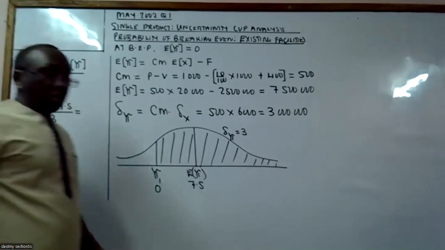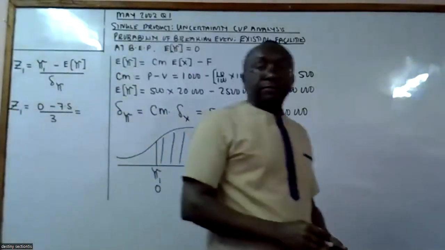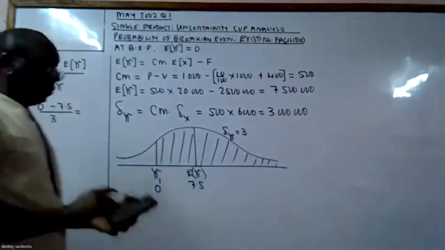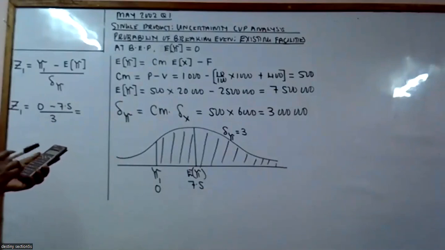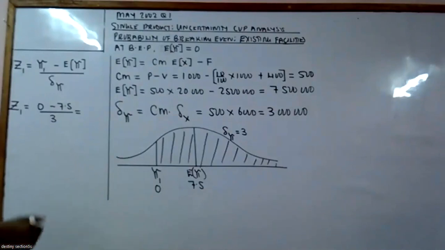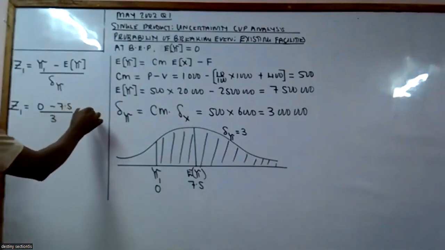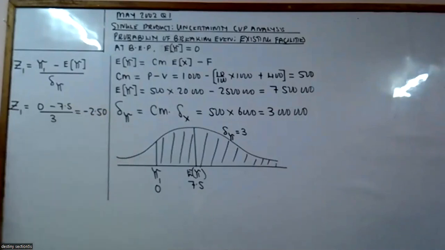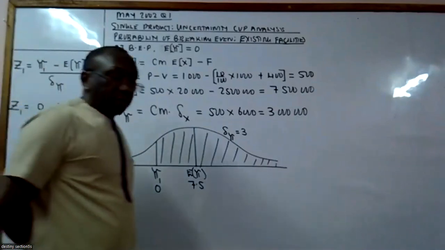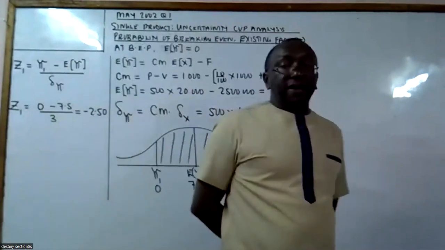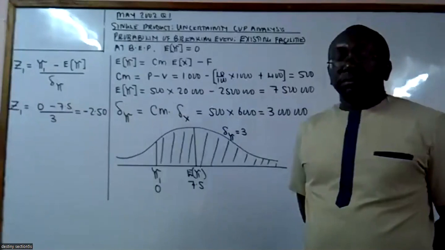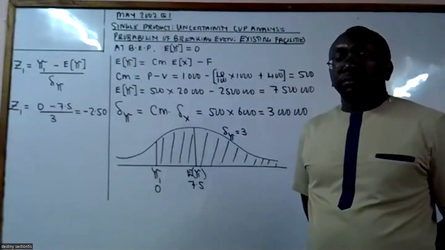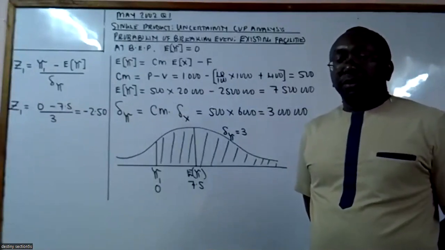So tell me what that value is. When I use my calculator, 0 minus 7.5 divided by 3 is negative 2.50.